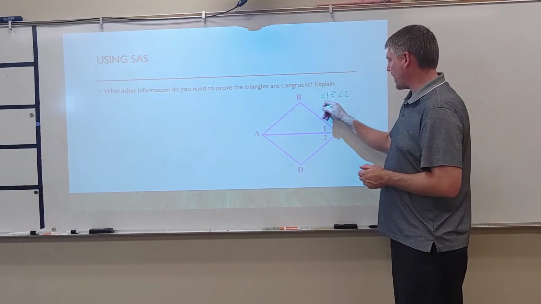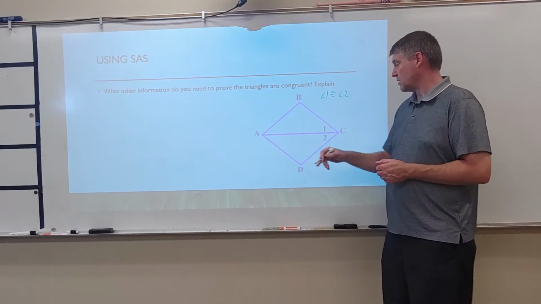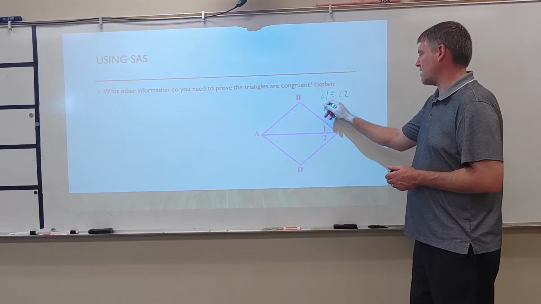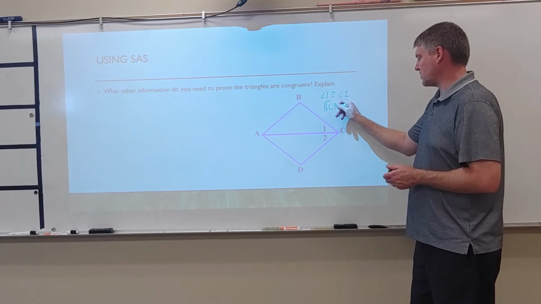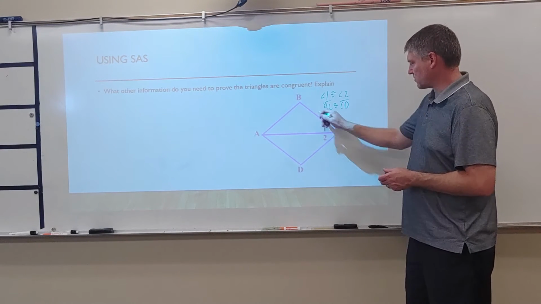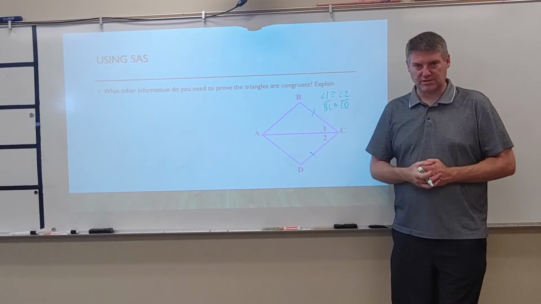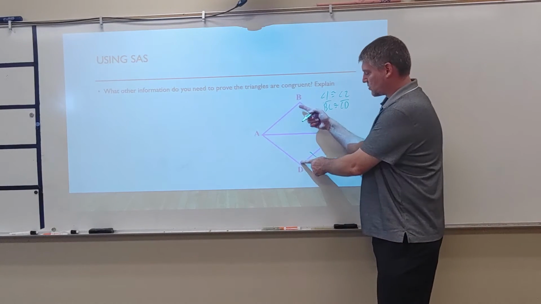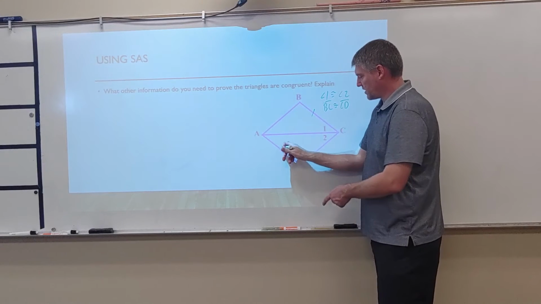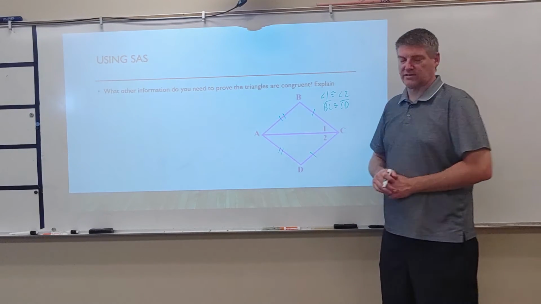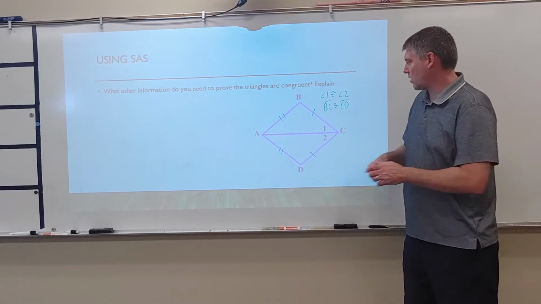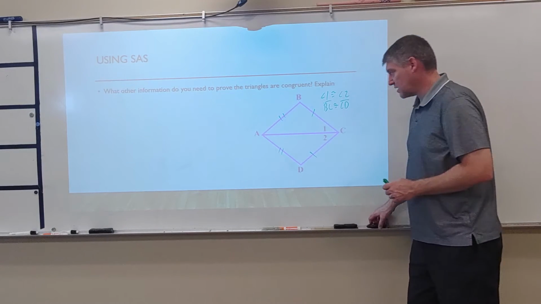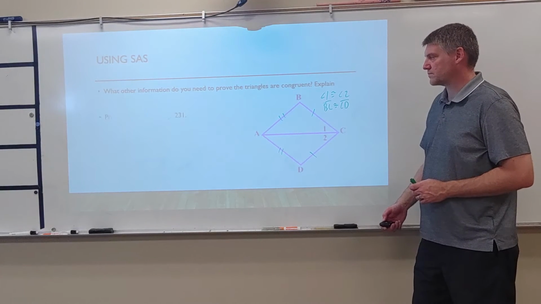Well, I already know that AC is congruent to AC, right? So I would also need to know that BC is congruent to CD. So I need to know that those two sides are congruent. So I always need two sides and one angle.